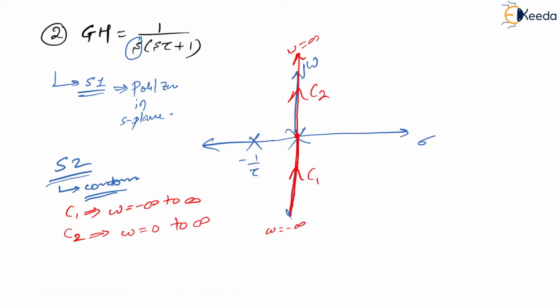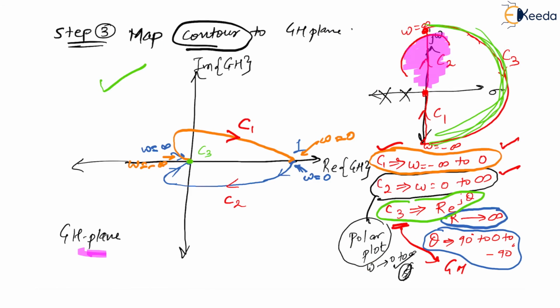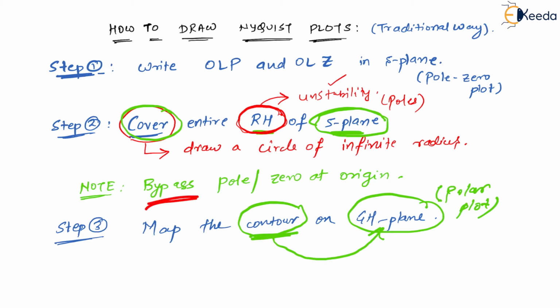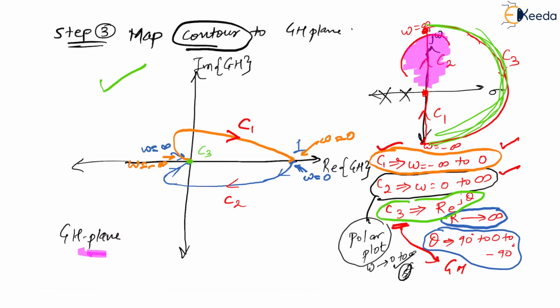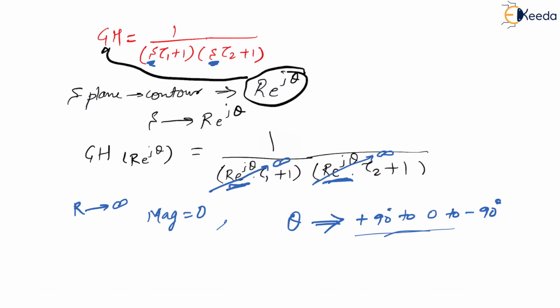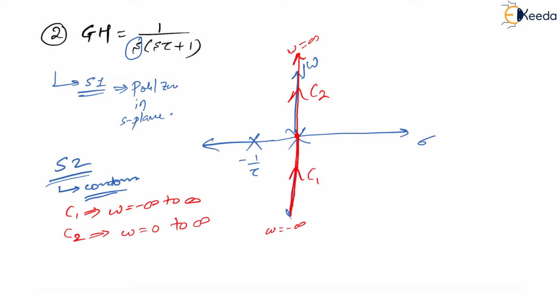If you remember, I had told you that you have to bypass any pole or zero at the origin. But we have drawn this C2 directly. Is it right? No, it is absolutely wrong. So what am I supposed to do now? I am supposed to do it this way. I will show you.